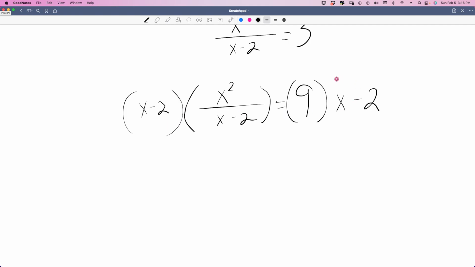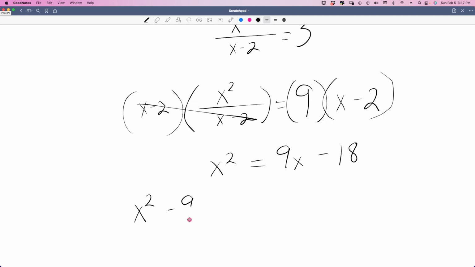And that's in parentheses as well because we have to distribute to both of them. So the x minus 2 here cancels, and we end up with x squared on this side, and that's going to be equal to 9x minus 18. And then we're going to set this equal to 0, and we end up with x squared minus 9x plus 18 is equal to 0.